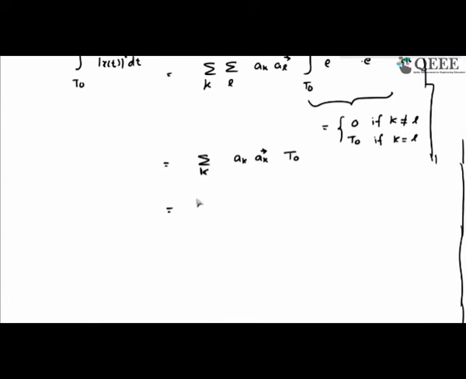So this is T naught times sigma over k of mod a k square. So it means that 1 by T naught integral over T naught of mod x of t square dt is sigma over k of mod a k square.